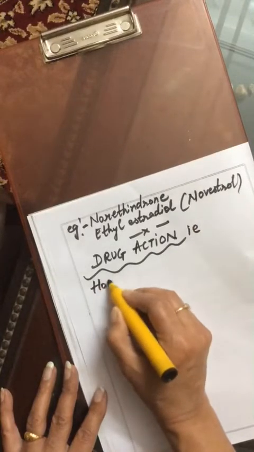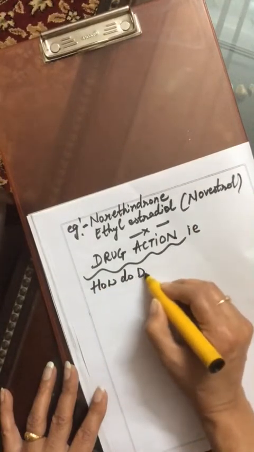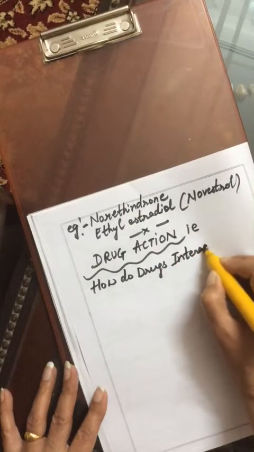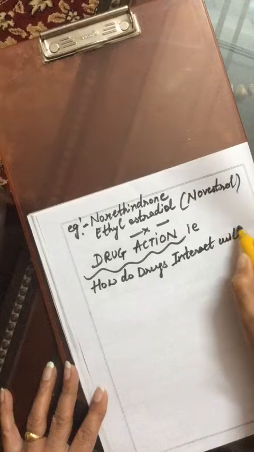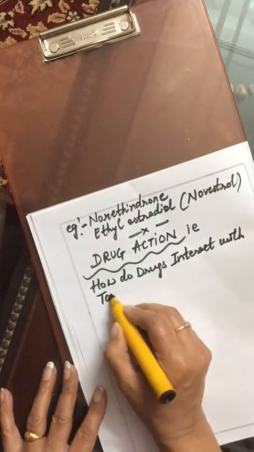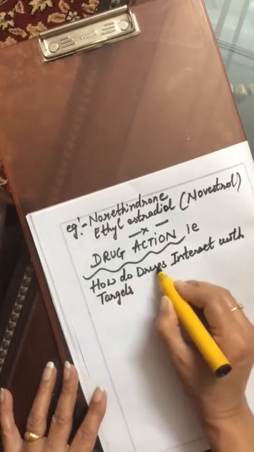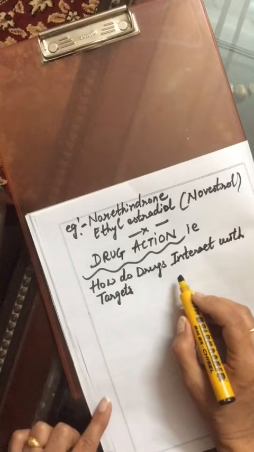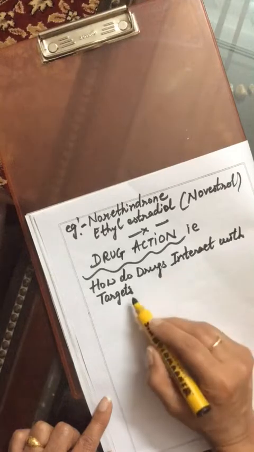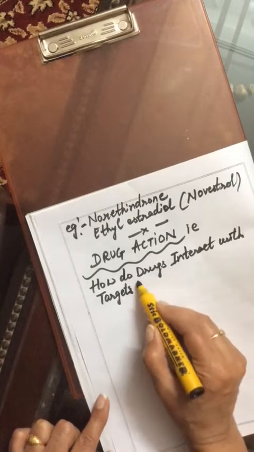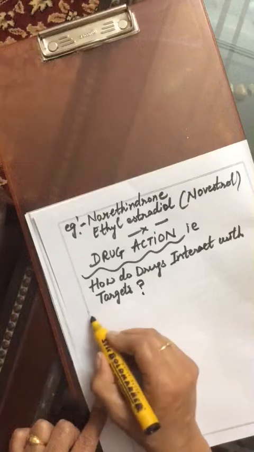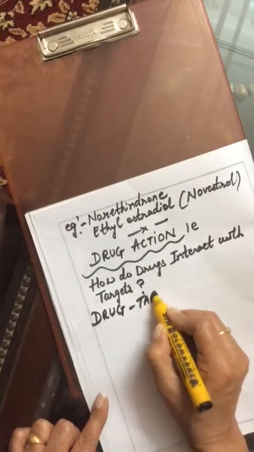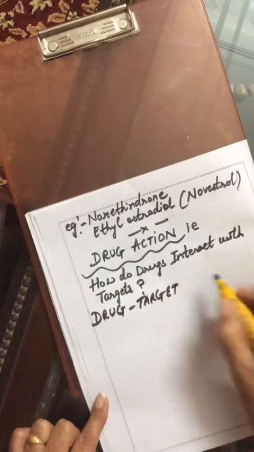That is, how do drugs interact with targets? Drugs interact with targets. Targets, I told you, are biomolecules in our bodies. So this is drug target interaction.